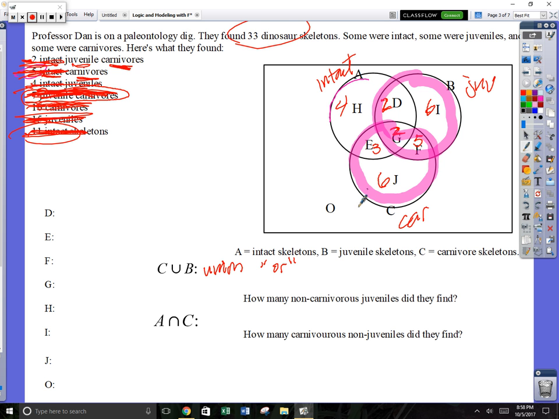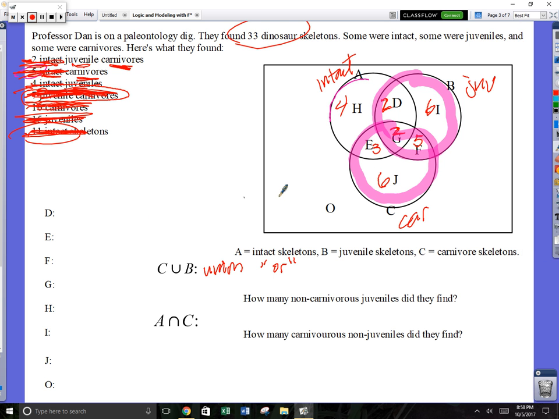So the qualifiers are these 6 plus these 3 plus these 2 plus these 5 plus 2 plus 5 plus these 2 and these 6. So if we add that up, 8, 15, 16, 17, 18, we got 24. So 24 of them live in the union of C and B.